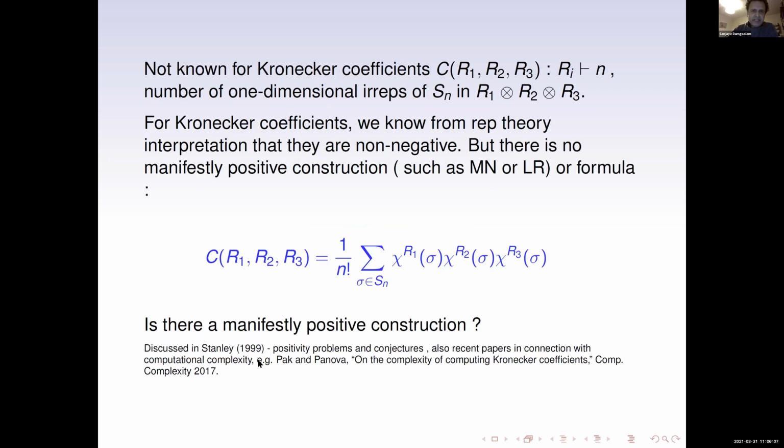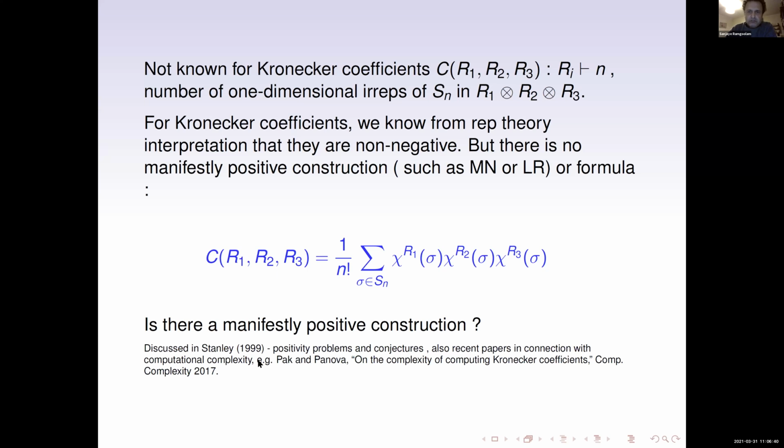There's no analogous thing known for Kronecker coefficients. These are numbers of invariants in R1 tensor R2 tensor R3. These are three Young diagrams corresponding to irreducible representations of Sn. Take the tensor product. You can ask how many one-dimensional representations appear when we decompose it under the diagonal action, where permutations act as sigma tensor sigma tensor sigma.